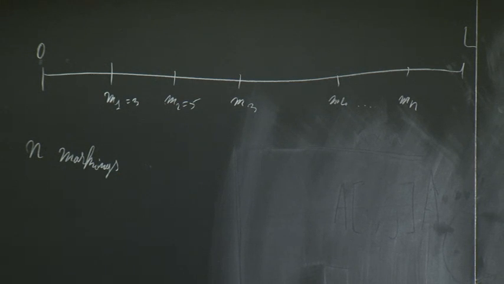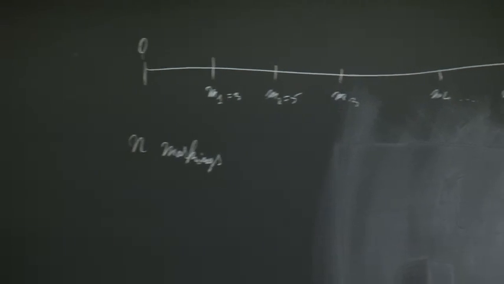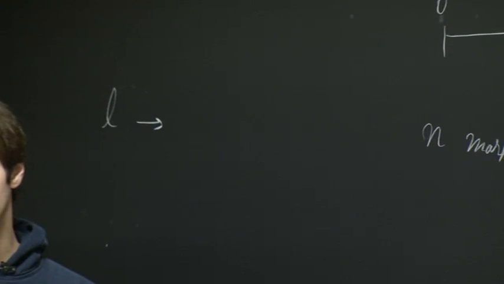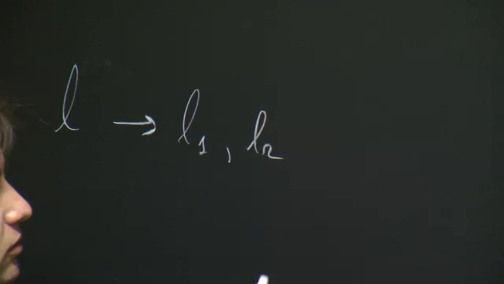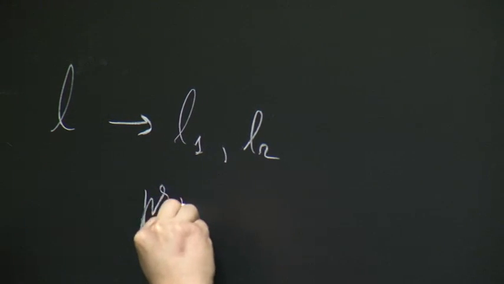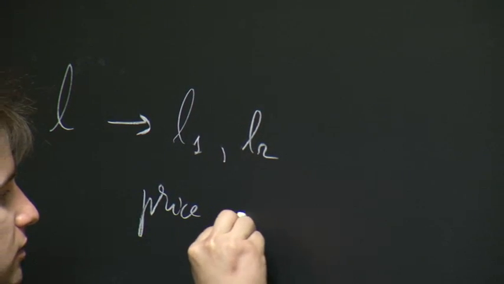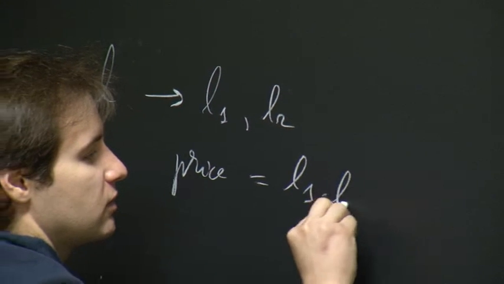The thing is, the woodchucker doesn't work for free. If you give it a piece of wood of length L, and you ask it to cut it at some marking, you're going to get 2 pieces of wood, length L1 and L2. The price for this is L1 times L2.